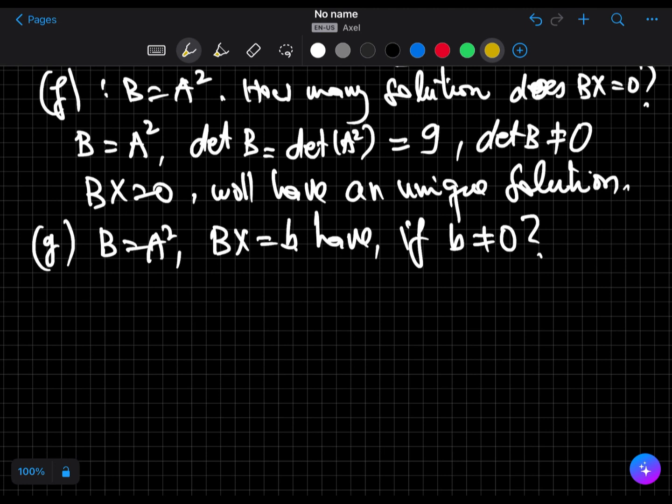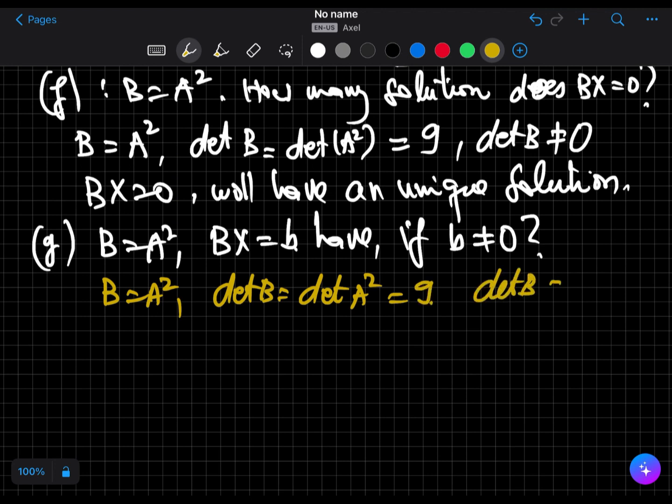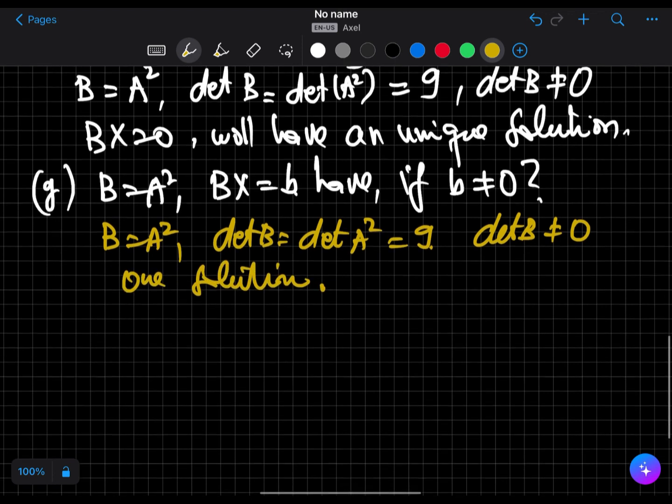We have that B equals to A squared. So determinant of B is equal to determinant of A squared, which is 9. So determinant of B is not 0. Therefore, we will have only one solution, right?